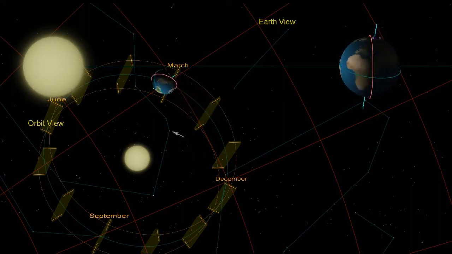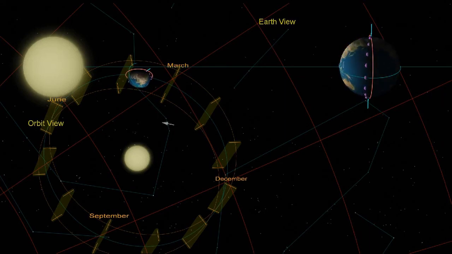Moving to March 21st, the Earth's axis is lined up with the terminator, and once again the domes are experiencing 12 hours light and 12 hours dark. It's another equinox.